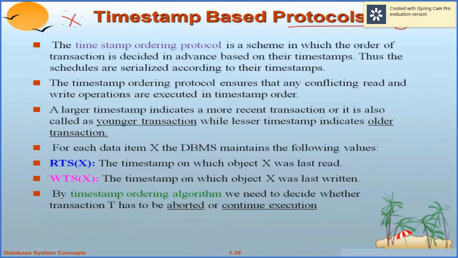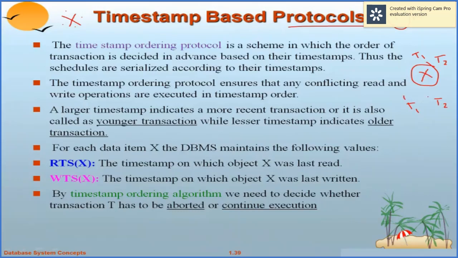Let me take an example again to make you understand that. I have a data item X, and on the same data item I have two transactions happening, transaction T1 and transaction T2. You try to see, in transaction T1 I'm writing a value over here.